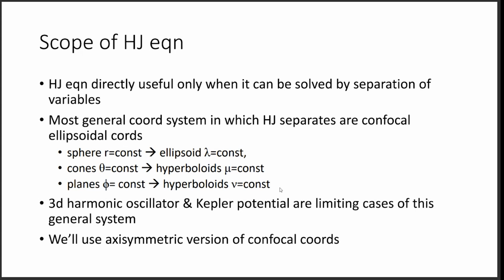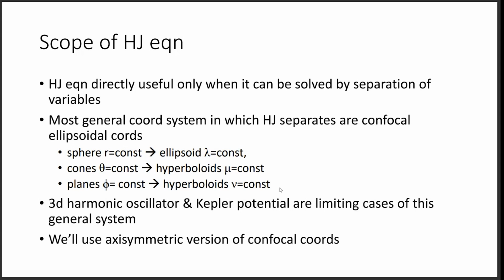The 3D harmonic oscillator and the Kepler potential are appropriate limits of this system. This system, of course, depends on where you put the foci. You've got two foci that you can put someplace or another. So you've got two free parameters in defining this coordinate system, and if you use those appropriately, you can include the Kepler potential and you can include the harmonic oscillator.